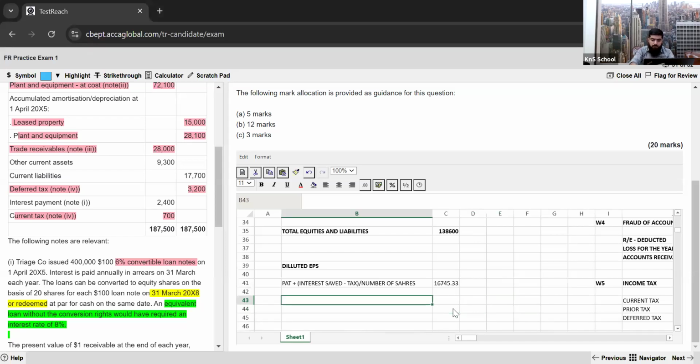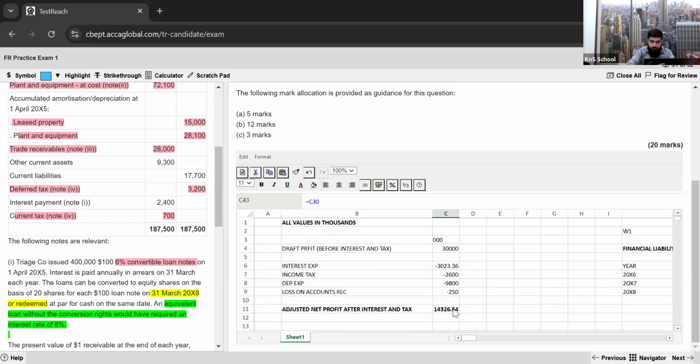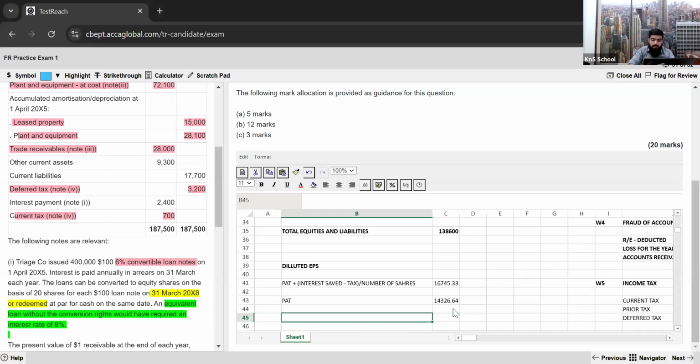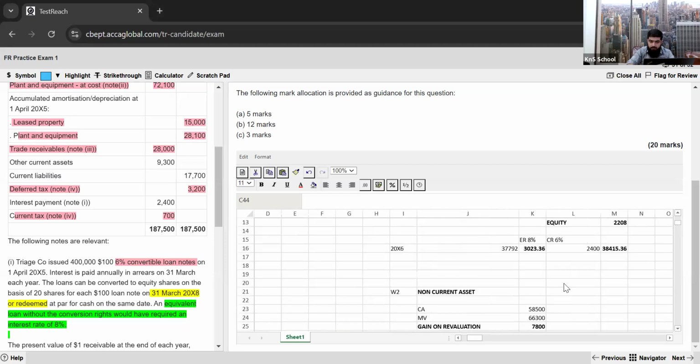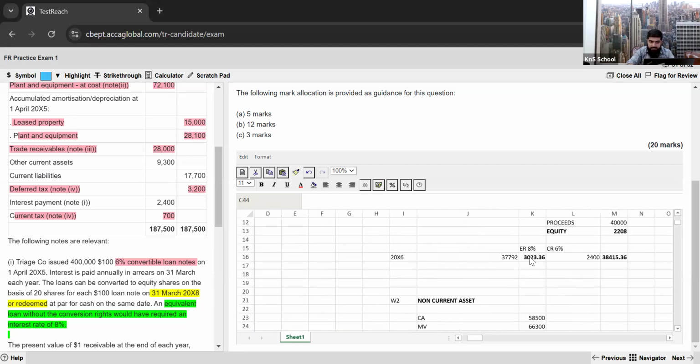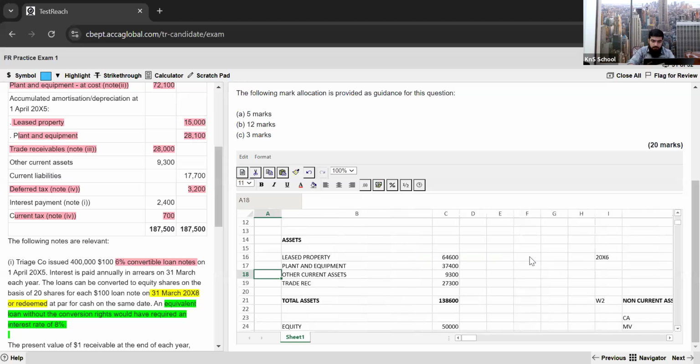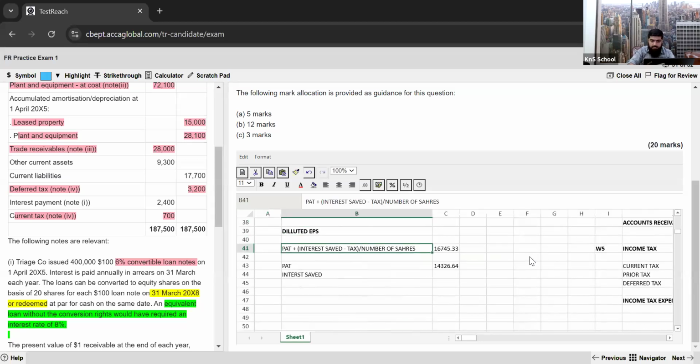Okay. We have first of all the profit after tax, which was 14326, and then we have an interest saved. So we are going to add it. The interest that we have saved is in cell K16, 3023. So the total profit would be this one.